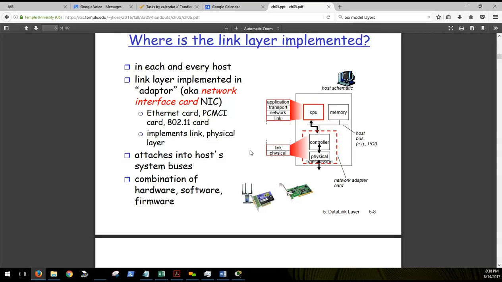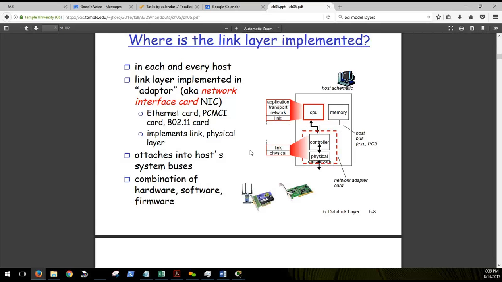So in each and every host, the link layer is implemented in an adapter, namely the NIC. This would be, let's say, an Ethernet card, PCMCIA card, or an 802.11 card. An 802.11 card is a wireless card. It implements the link and physical layer.